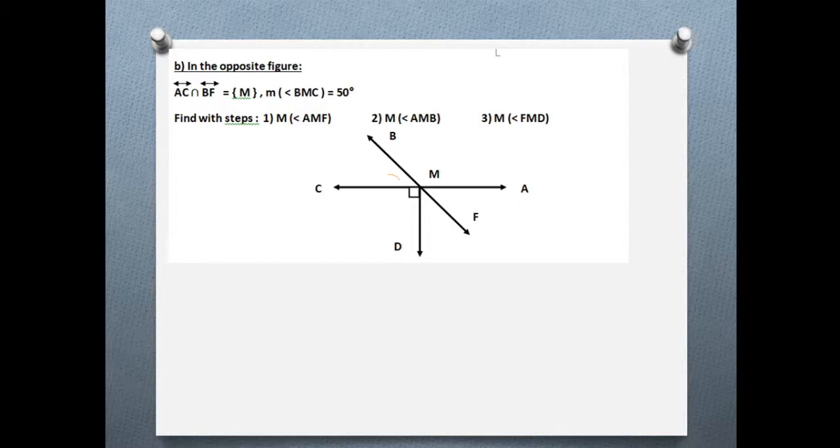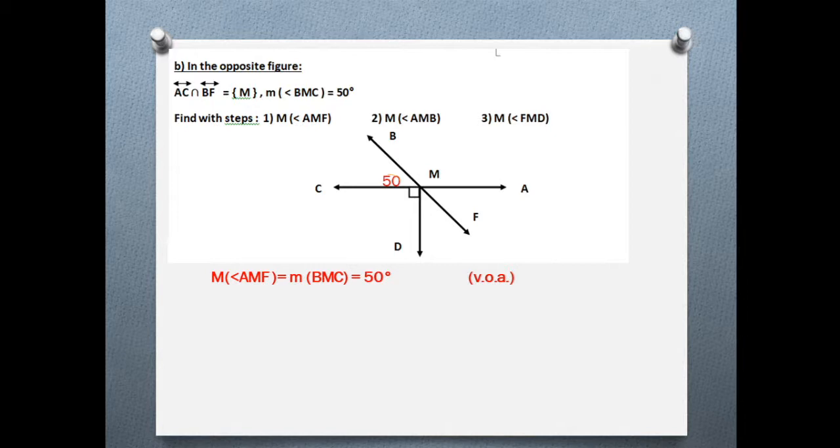Here in this figure, write first in the angle BMC 50 degrees. So you can find measure of angle AMF equals measure of angle BMC by VOA, vertically opposite angles, equals 50 degrees.